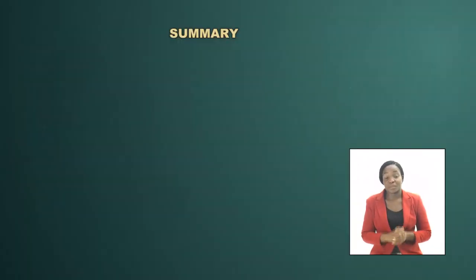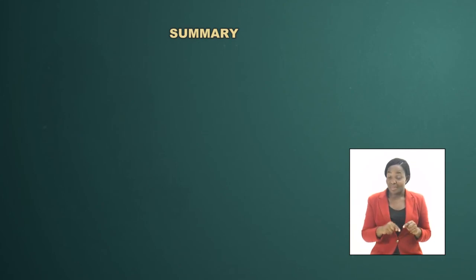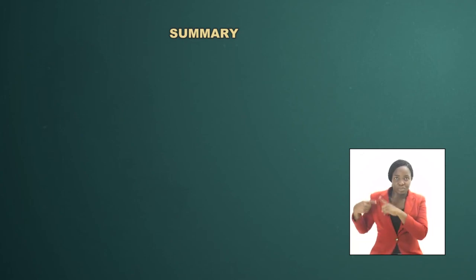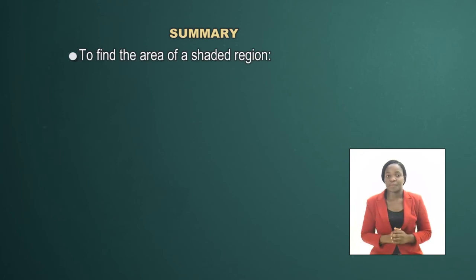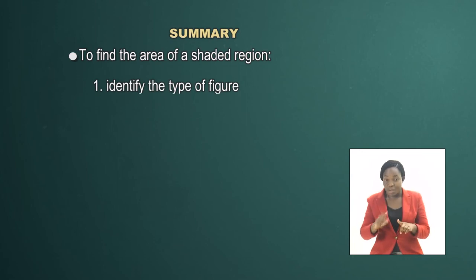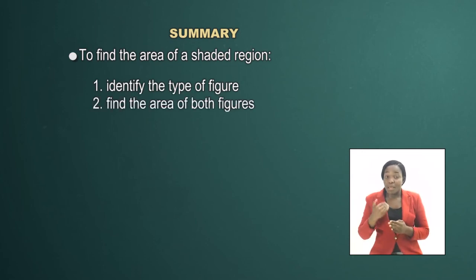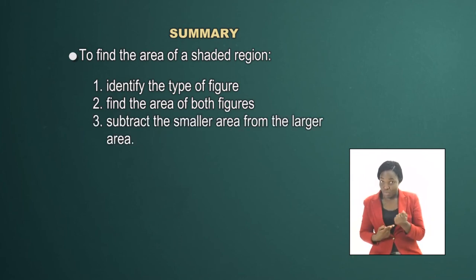Phew! Viewers, that was a bunch of problems to solve, but you did it, and we are proud of you. Let's now quickly go through the main points again. When you have to find the area of a shaded region, you first have to identify the types of figures. Then, you find the area of both figures and subtract the smaller area from the larger area.